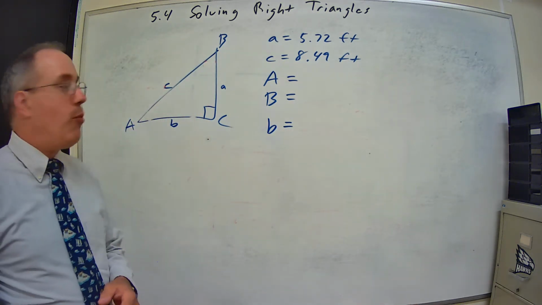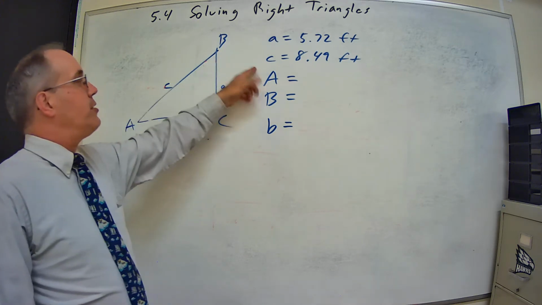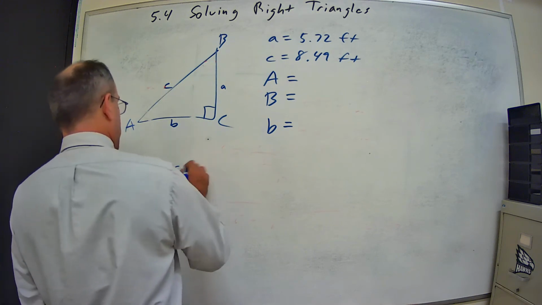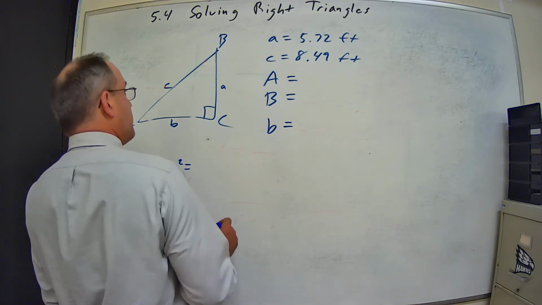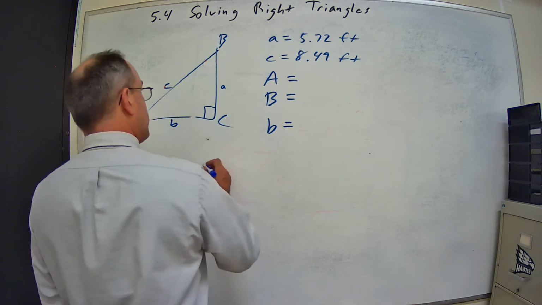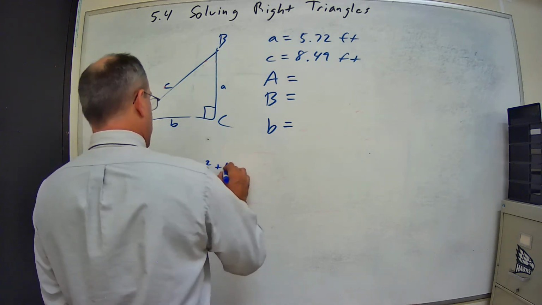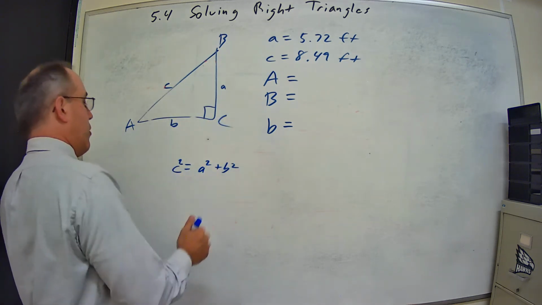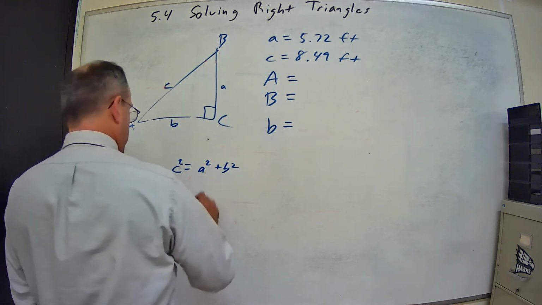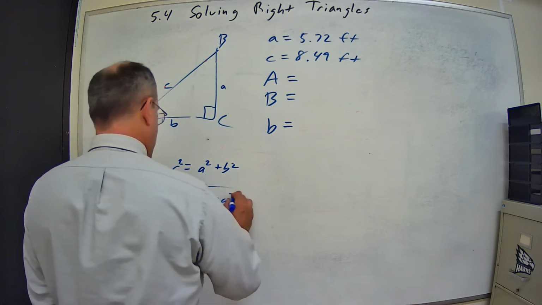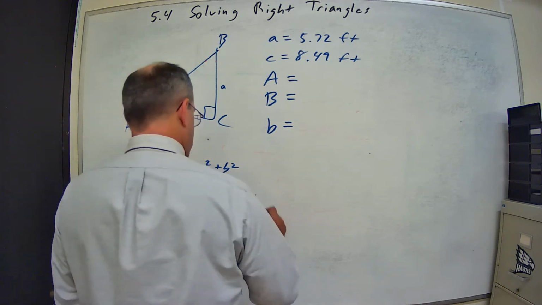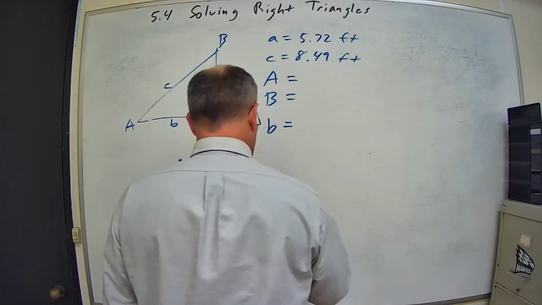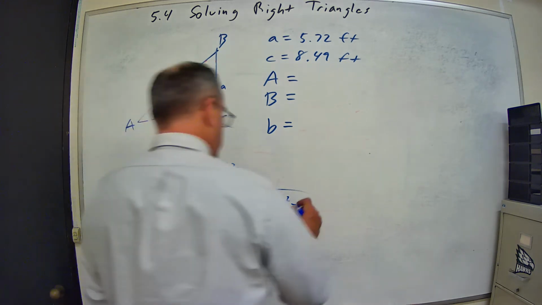Well, how can we do that? Well, first of all, we have two sides, so we can use the Pythagorean theorem to get the other side. So C squared is equal to A squared plus B squared. So if I want to find B, B is equal to the square root of C squared minus A squared, which is equal to the square root of 8.49 squared minus 5.72 squared.